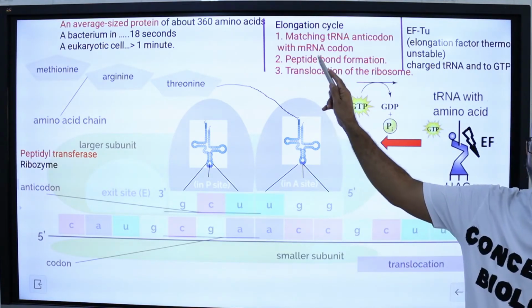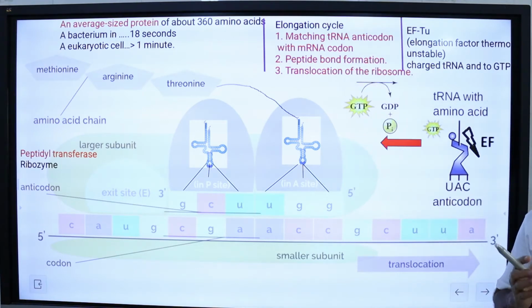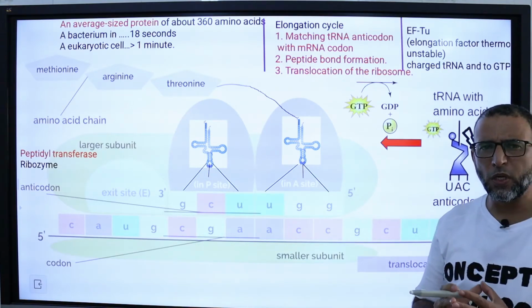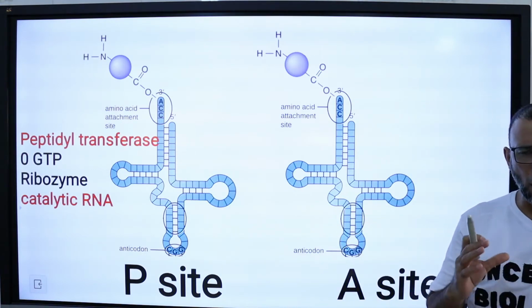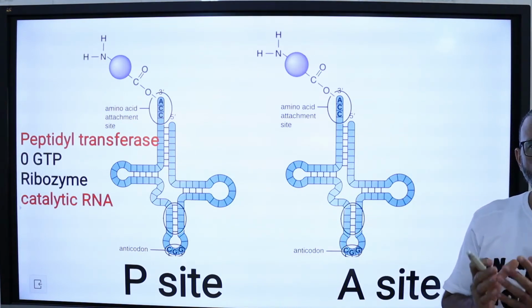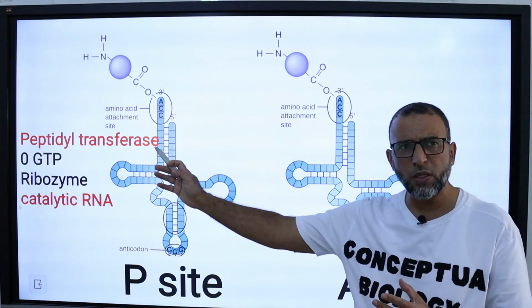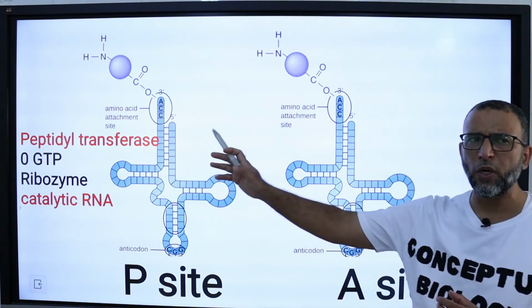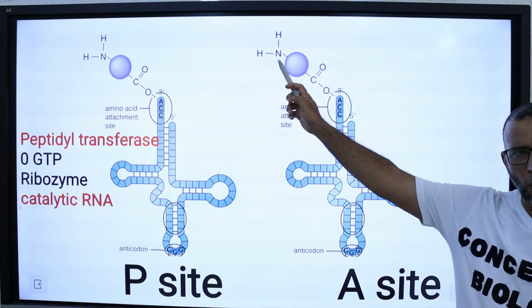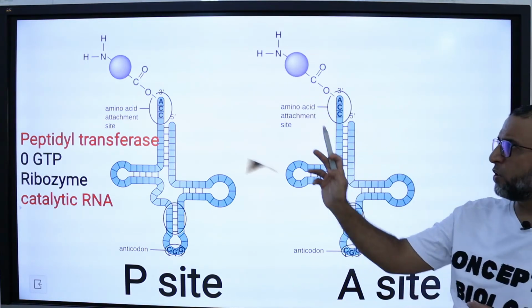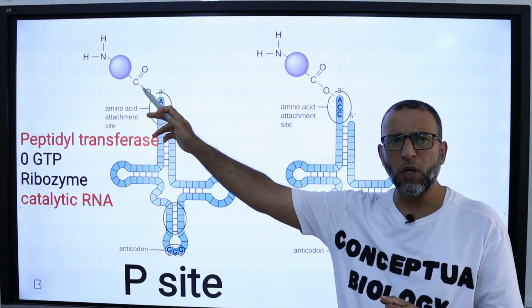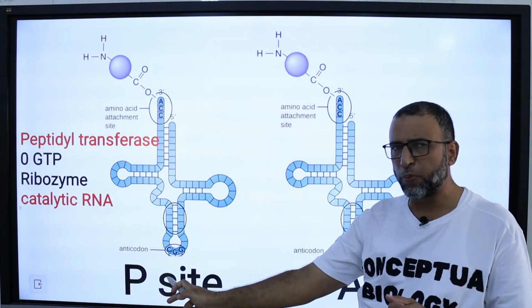Step number 2 is peptide bond formation. It takes place with the help of the peptidyl transferase enzyme. What is the function of peptidyl transferase? This enzyme is located in the large subunit of the ribosome, and it catalyzes the formation of a peptide bond between the amino group of the amino acid in the A site and the carboxyl group of the growing polypeptide chain in the P site.